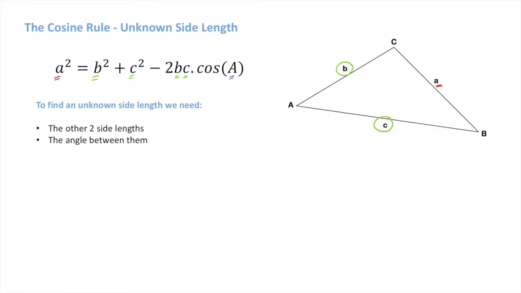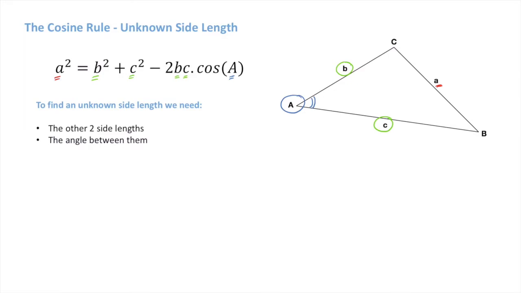That's angle A. So that's the key thing to keep in mind. We'll know if we can use the cosine rule if we have the other two side lengths and the value of the angle between them.